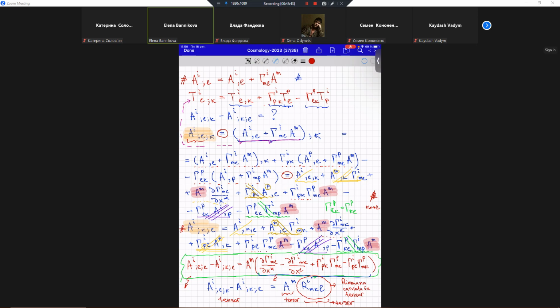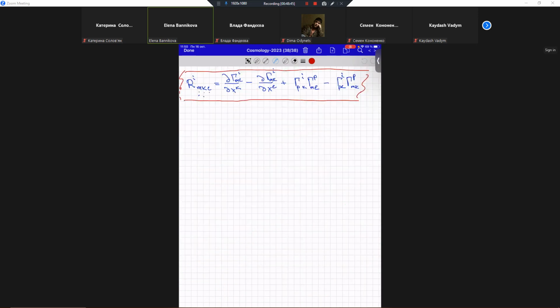We also can, and sometimes it's much more convenient, make the index lower.